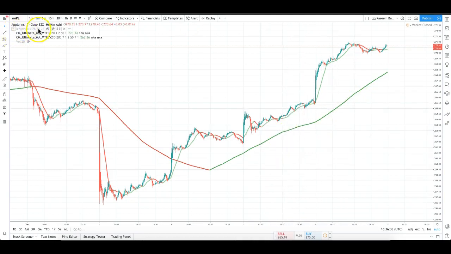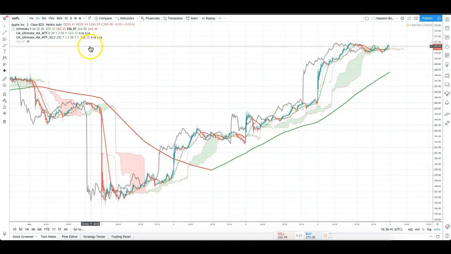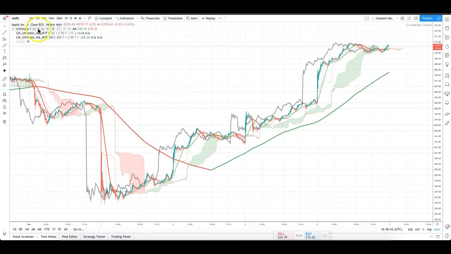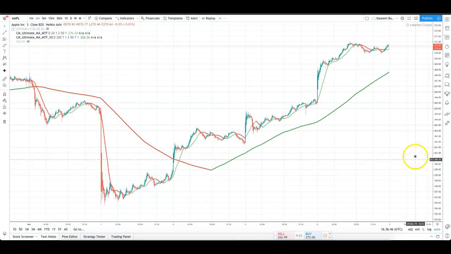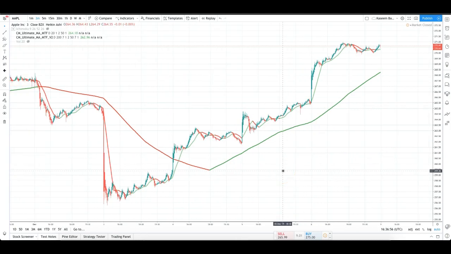It's like a cleaner version of Ichimoku, right? This is what I use, but it's a cleaner version of this Ichimoku right here. So I don't want to confuse you guys yet. But yeah, this is the tool that I use.